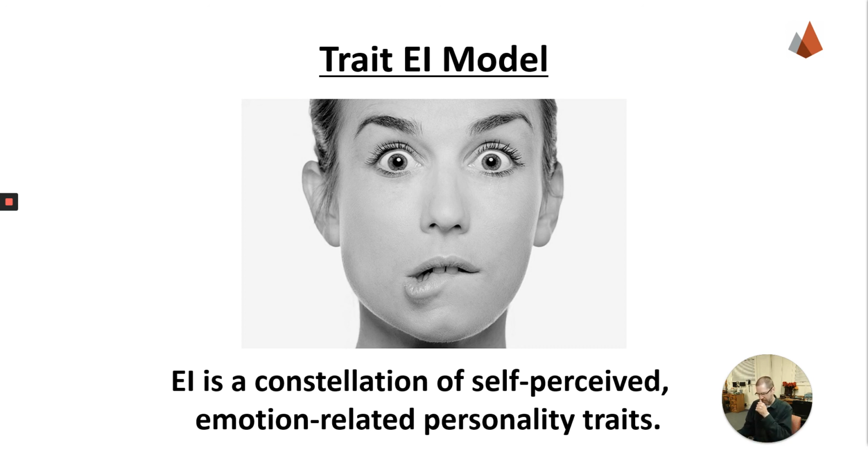So it's up to the individual to self-perceive their emotional intelligence. So how is this different to the models that we've discussed so far? Rather than being measurable through tests, the trait model is self-perceived. There are no specific categories or skills.